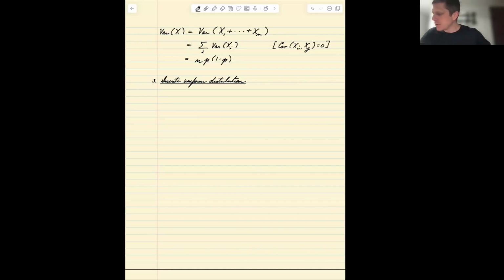So in general, suppose we have a random variable U that is uniformly distributed over the set [n], which remember we defined as the first n integers.